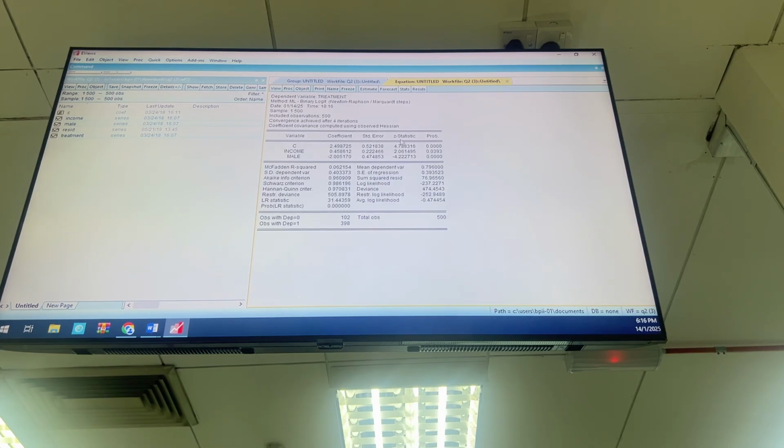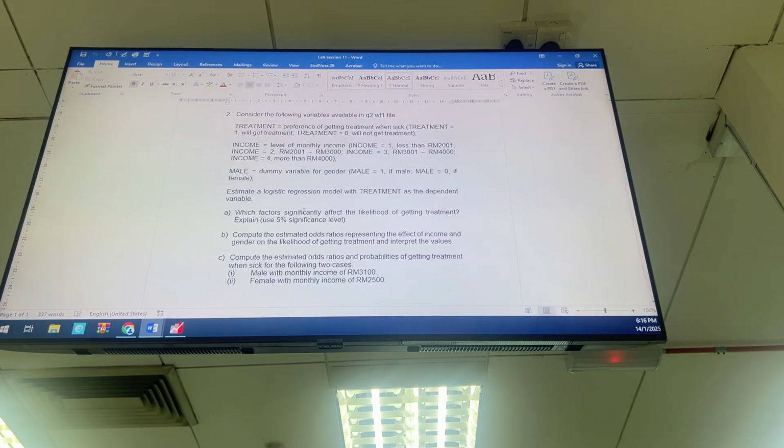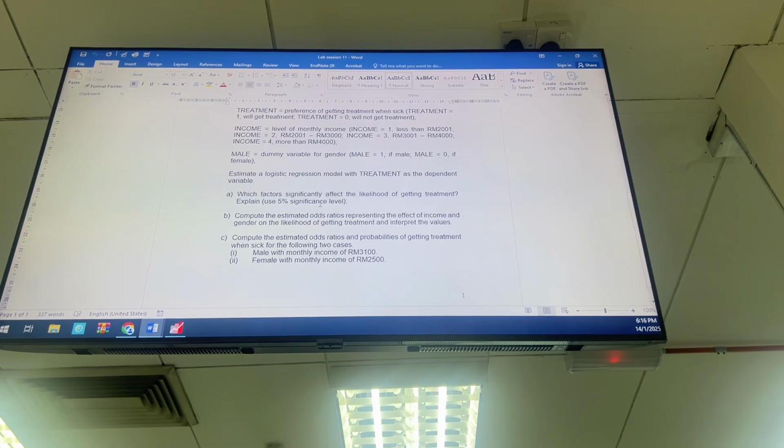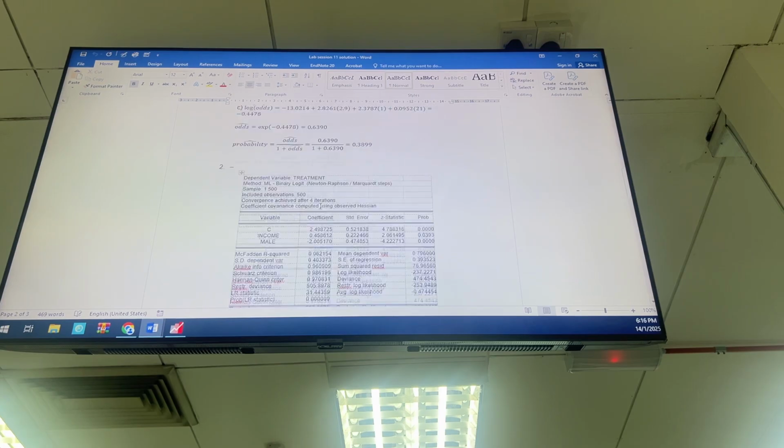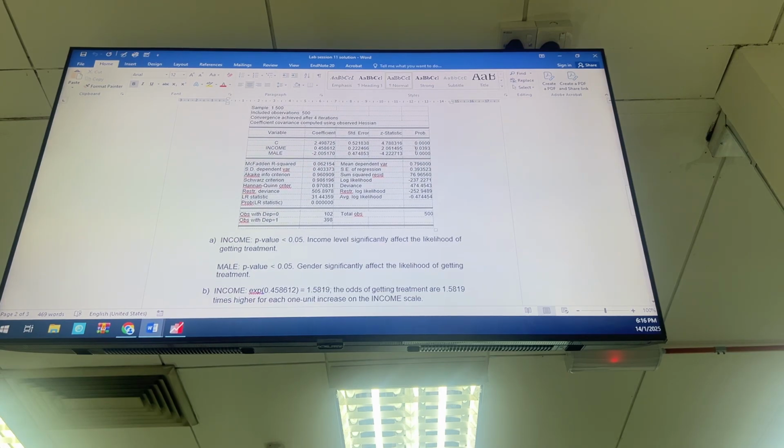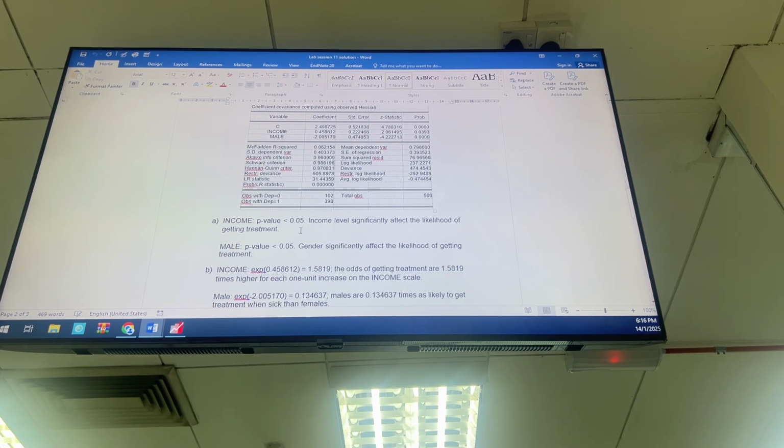And then you can use this to provide answers. So which factors significantly affect the likelihood of getting treatment? Use the 5% significance level. So at the 5% significance level, both are significant, because both p-values are smaller than 5%.